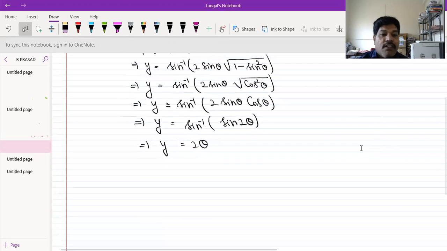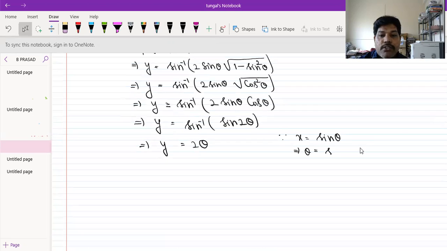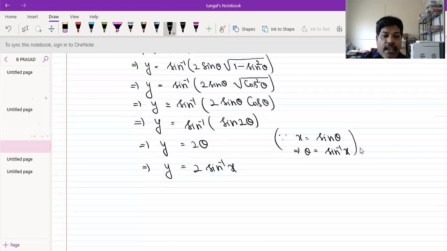So theta, what is the theta value? Since x is equal to sine theta, which is what we have taken in this question, automatically theta is equal to sine inverse x. So you can apply that value here. So we will get y is equal to 2 sine inverse x.